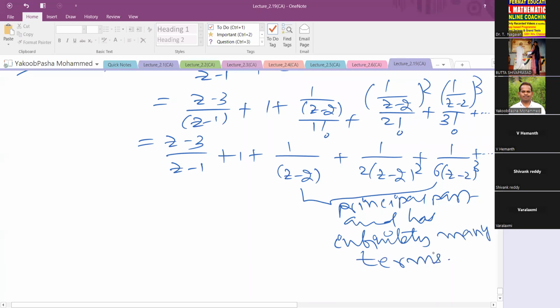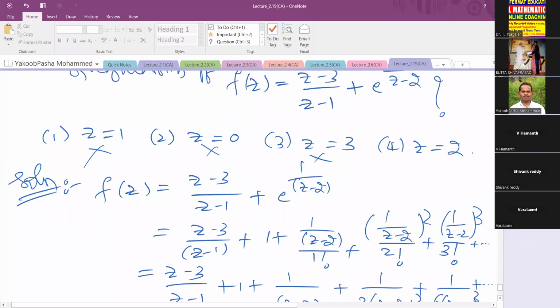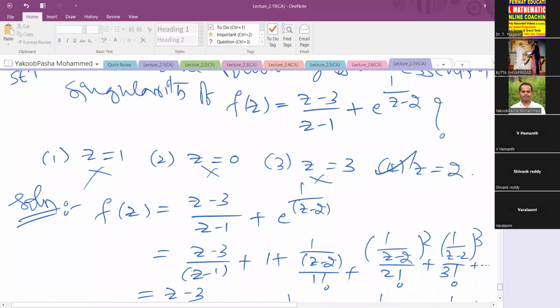So when the principal part has infinitely many terms, that point is called an essential singular point. Therefore, z equal to 2 is an essential singularity.